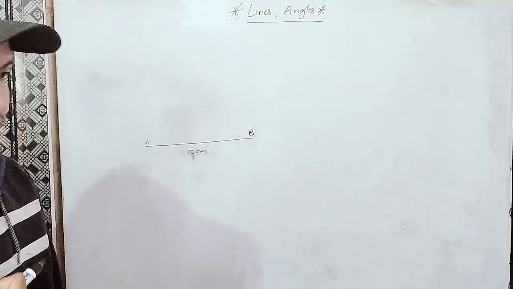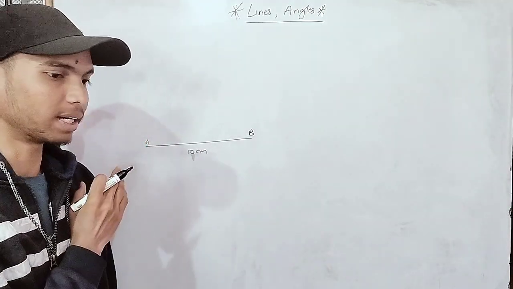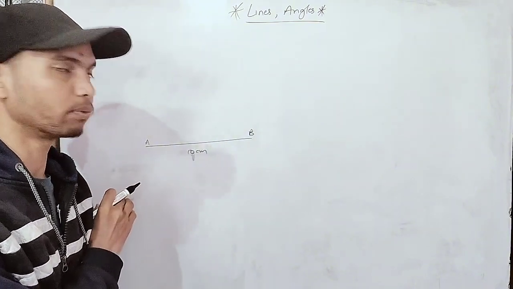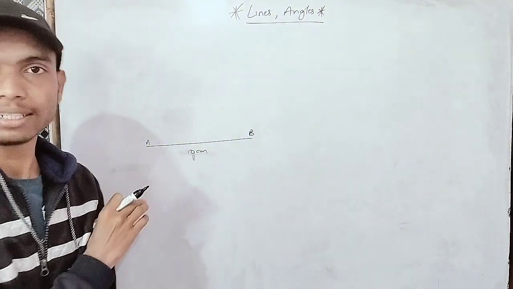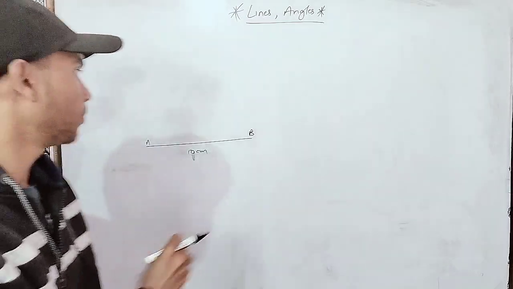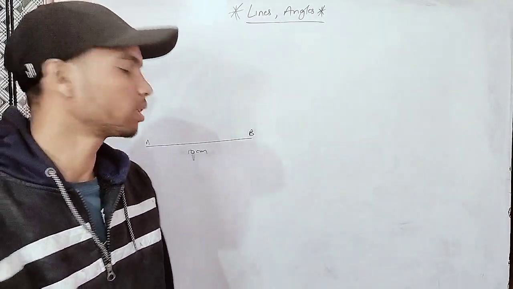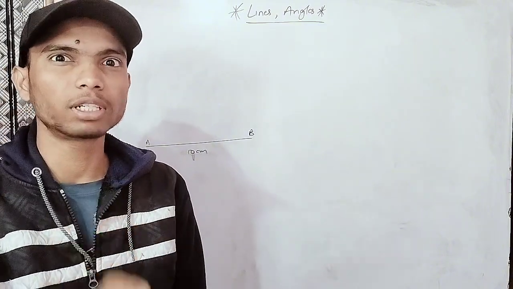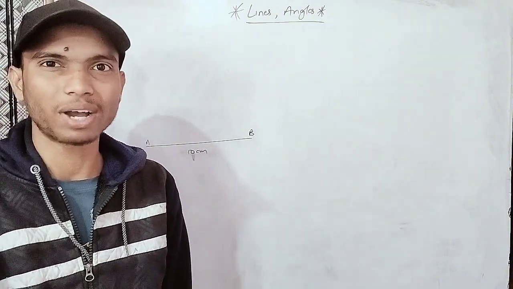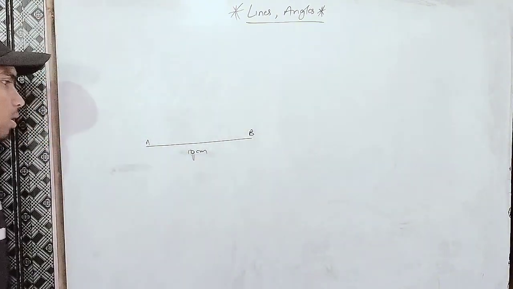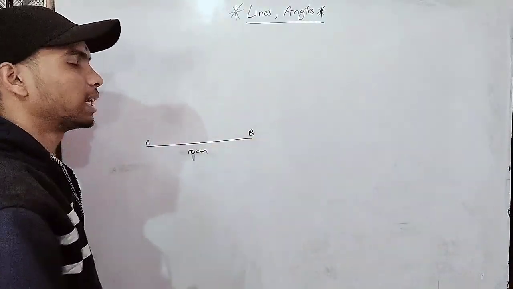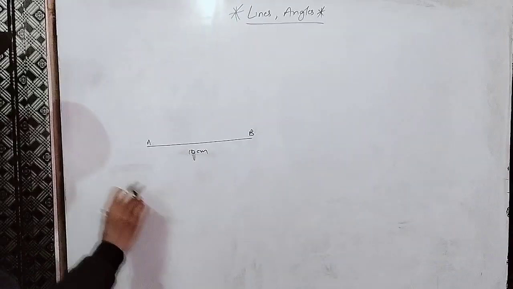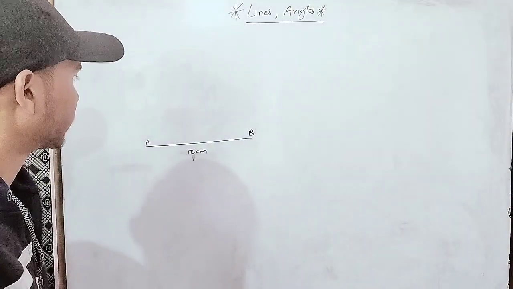We name it the initial point because we are starting from here. But where we end up, here, this point will be known as the terminal point, otherwise you can say the final point. Clear? From here to here our distance is 10 centimeters. This is how we define it.